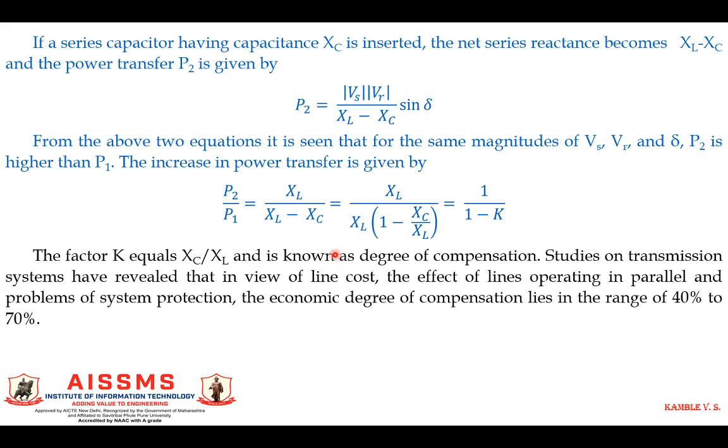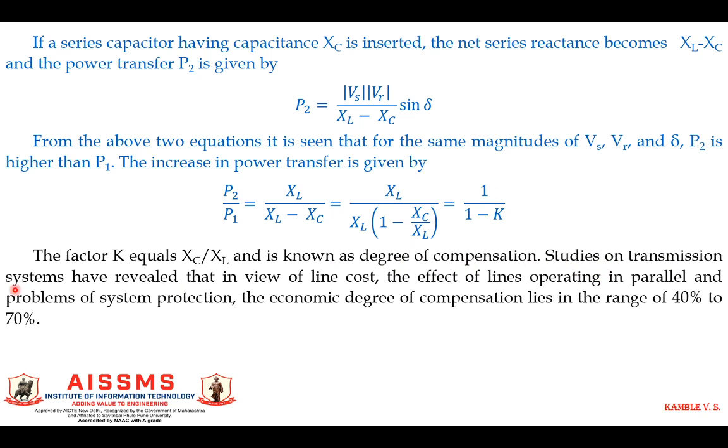The factor Xc divided by XL, that is this ratio K, is called the degree of compensation.